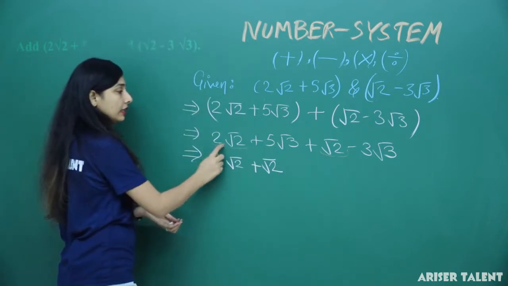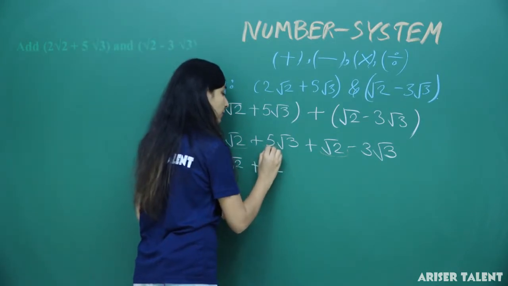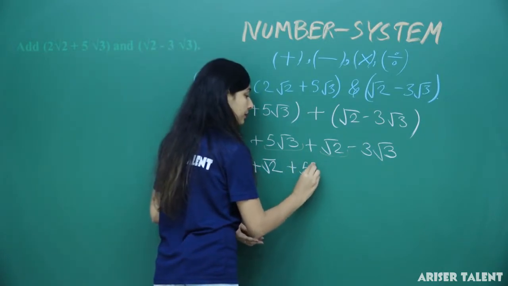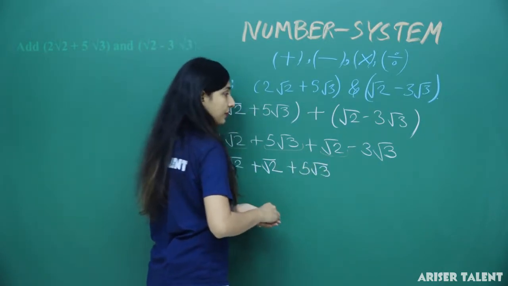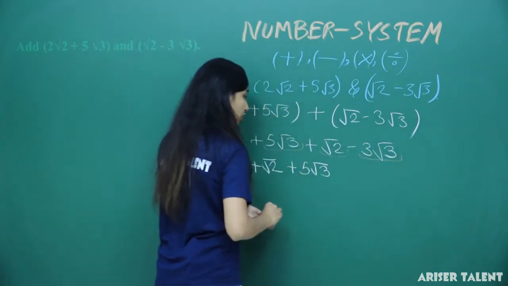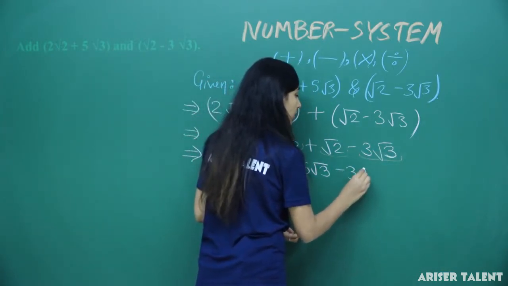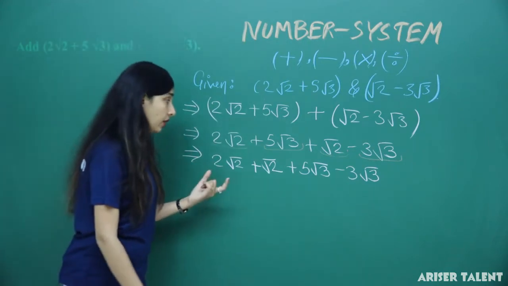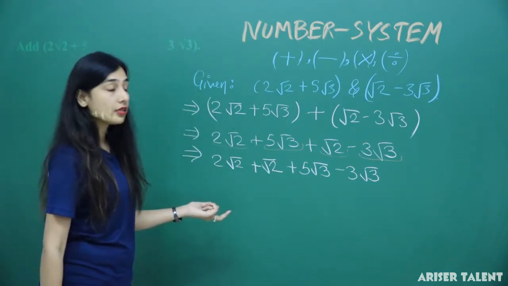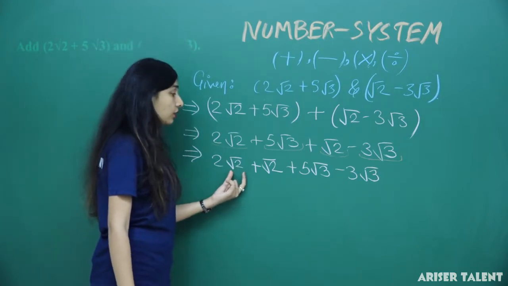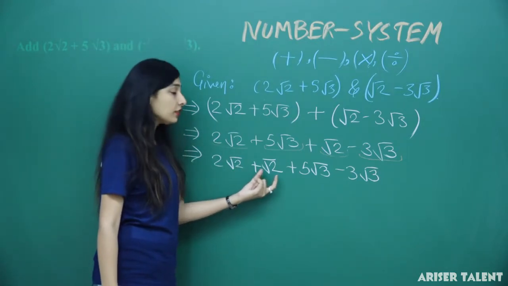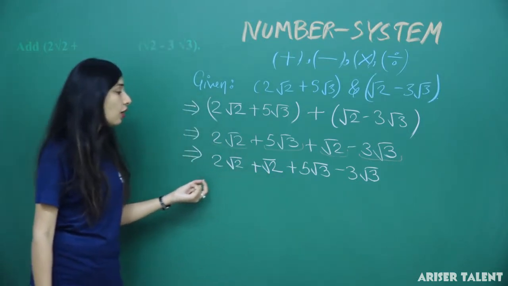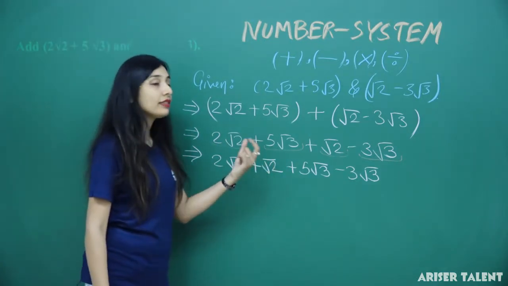Now I will have this 5 root 3 here, so I will rearrange it here, and the left one is minus 3 root 3. Why have I done this? Because in order to solve this I have to take the common terms side by side so that I can solve this in a better way.